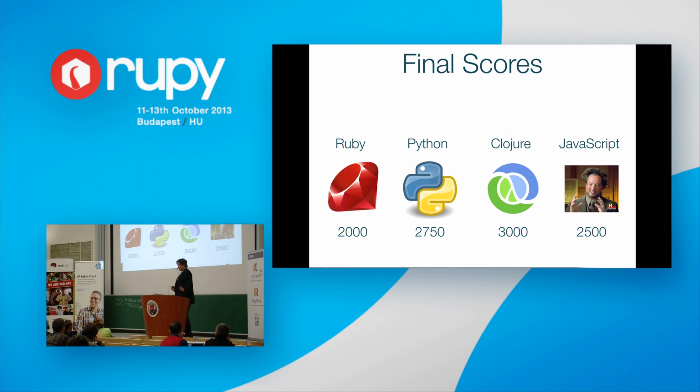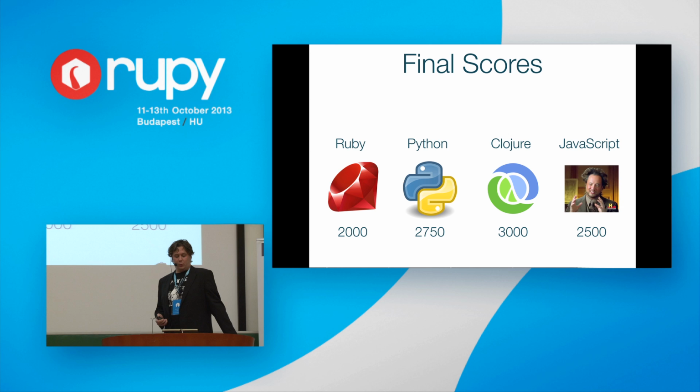Python comes in second because it's kind of a mixed bag, but it does have a few nice things it does with the tuples and things like that, making it, in many cases, easier to use in an immutable way. JavaScript I put in third because even though it doesn't give you much built in, it's really easy to use immutable data structures. And Ruby I penalized for the string thing, which is weird.